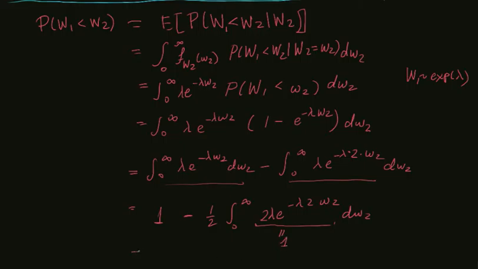This integrates to 1. So what I have here is 1 minus a half. This is so brilliantly simple that I got confused. And this is a half. So let's evaluate again what it was we found the right-hand side to be.